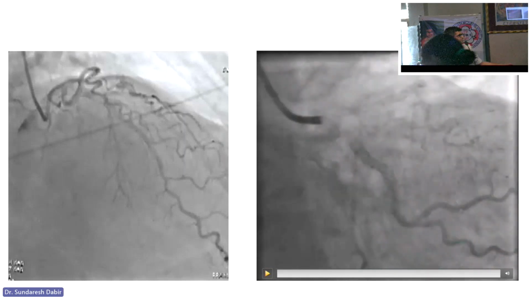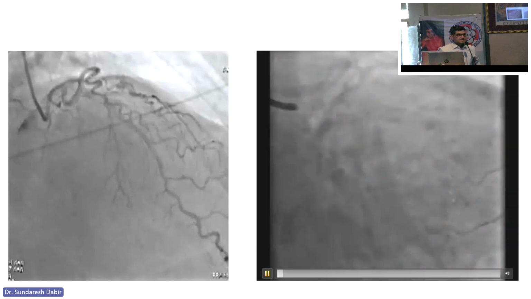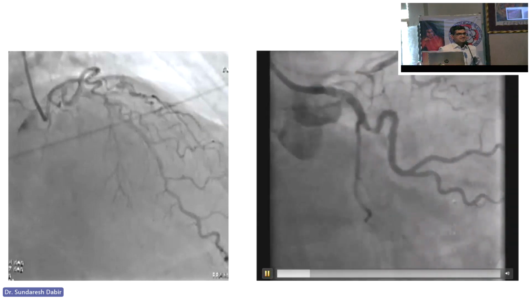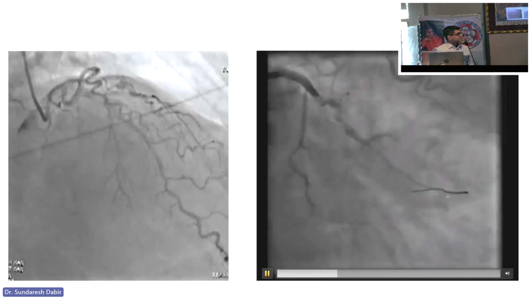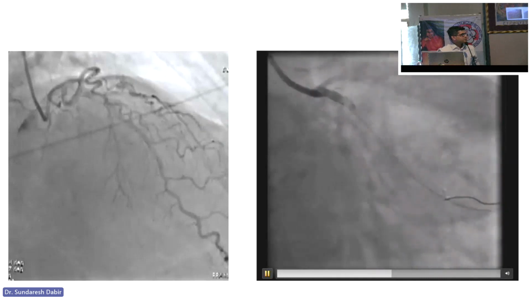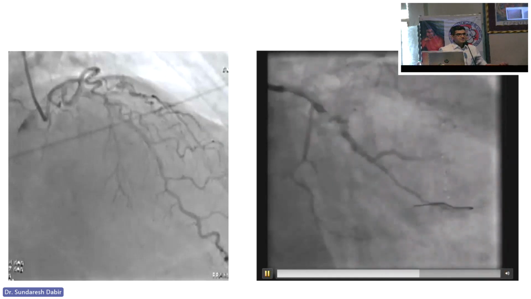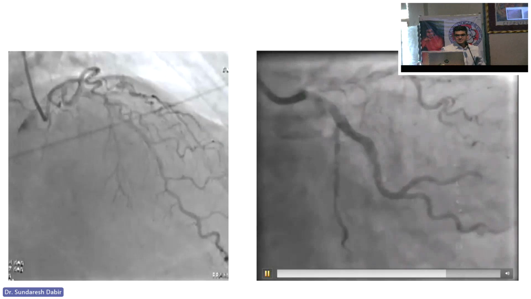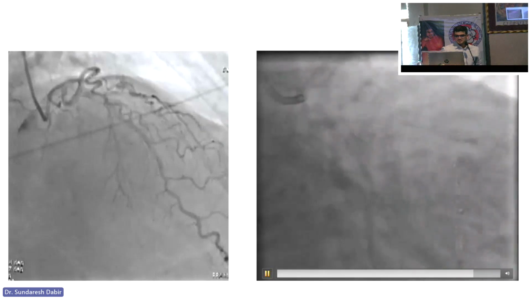Right. So can anyone tell me what this is? I've put an example purposely because this is most commonly seen in the RCA. I'll give you that hint. I've put it because this is an example where it's not in the RCA. So this is a vessel, then somebody has wired it.